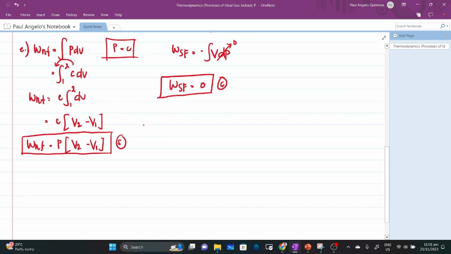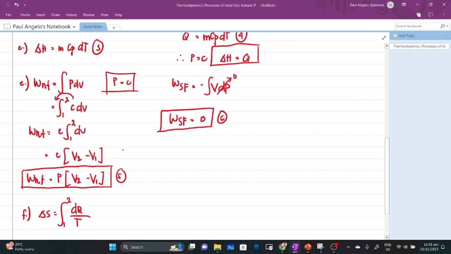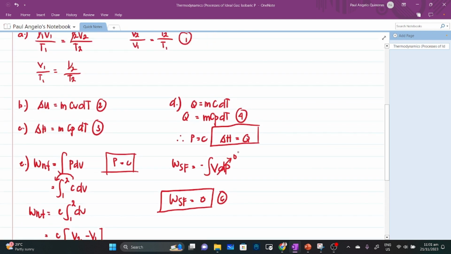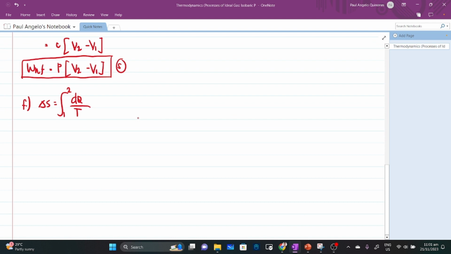Next, letter F. The last thing is your change in entropy. I'm sorry, I said enthalpy earlier. This is dQ over T from point 1 to point 2. As we said earlier, Q is equal to your enthalpy in an isobaric process. So let's substitute the equation mCp dT in our entropy equation.